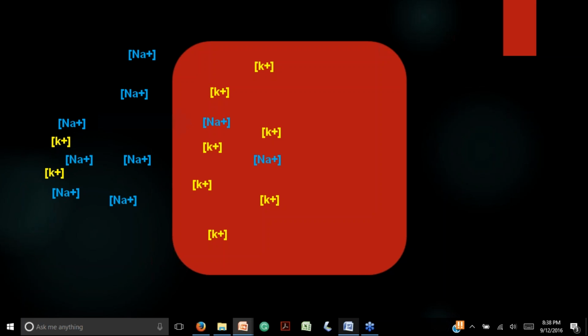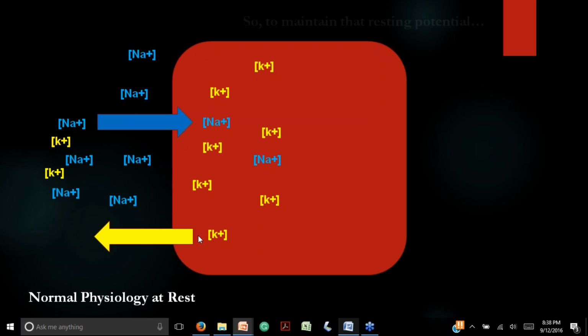Because of this differential concentration gradient, they are going to go down the gradient, from high concentration to lower concentration. Meanwhile, potassium is coming from higher concentration inside the cell to outside the cell. So that is the purpose of this.